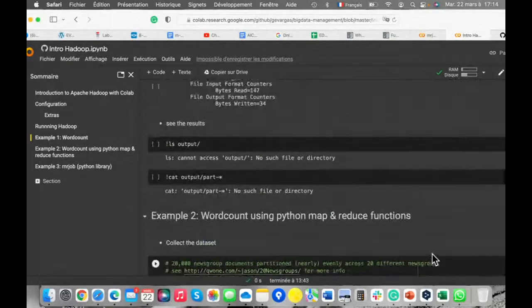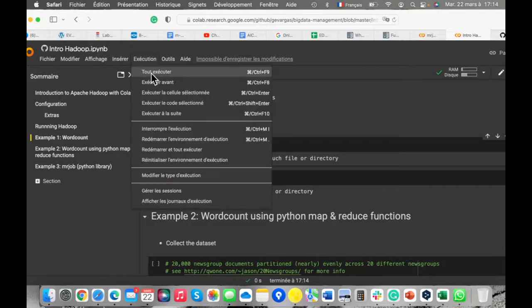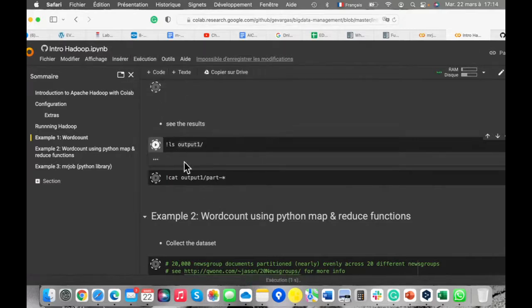And then at the very end, I had an error here. I have to execute everything again. So at the very end of the session, what we saw is that the result is given on the file system.